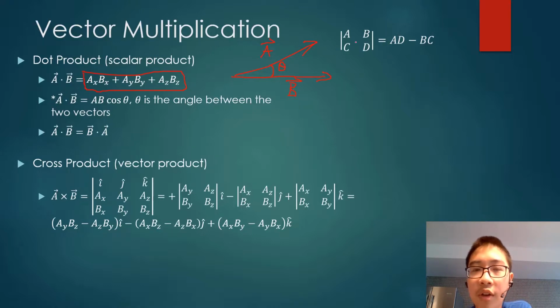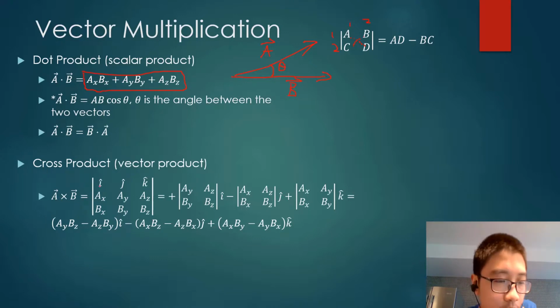It's a 2 by 2 matrix because we have 2 columns and 2 rows. The determinant of a 2 by 2 matrix is equal to A times D minus B times C.